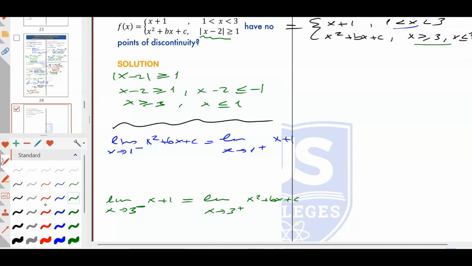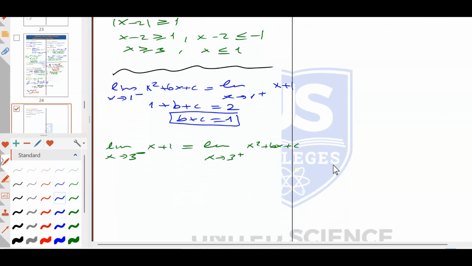Now let's solve it. So for the first number, when you insert 1 back for x, it's 1 plus 1 times b plus c equals 1 plus 1, 2. Bring 1 over, b plus c is equal to 1. This is my first equation.